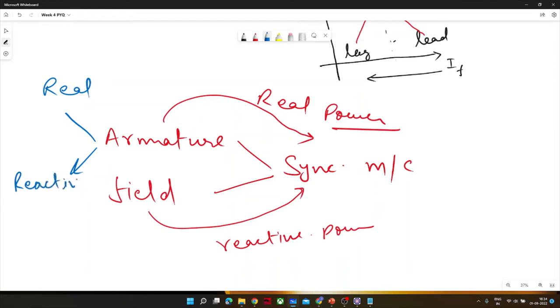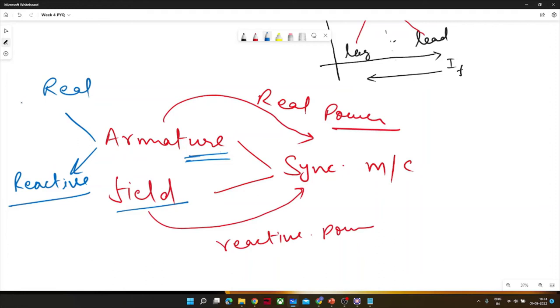This reactive part's job was to be done by the field winding, but it is not able to fulfill its job. So now armature should come into action and provide the reactive power to the motor. But armature is also taking apparent power, kVA, from the supply.